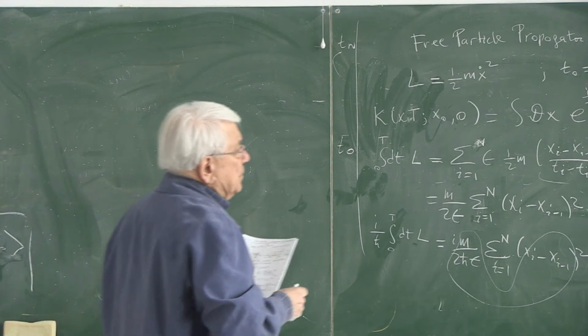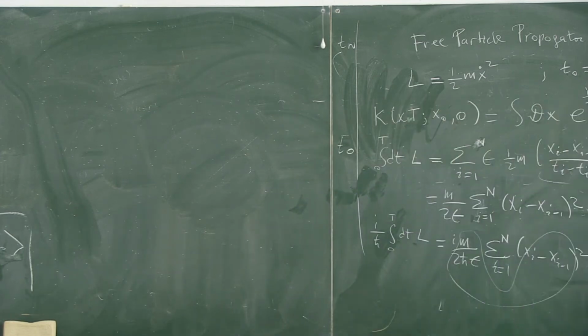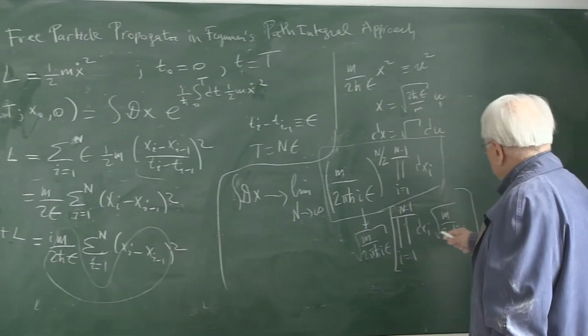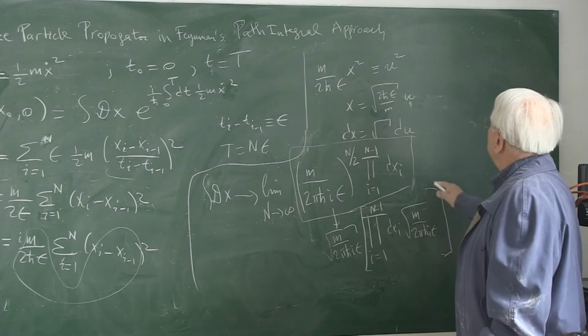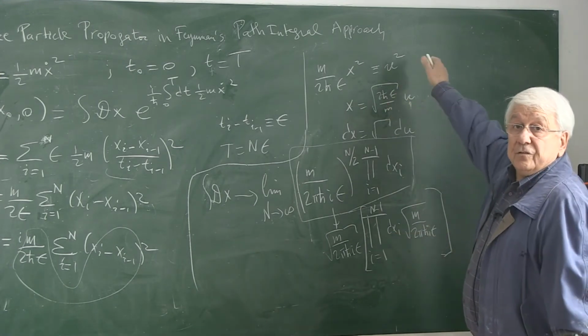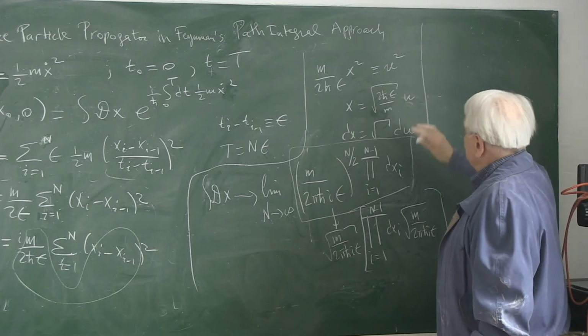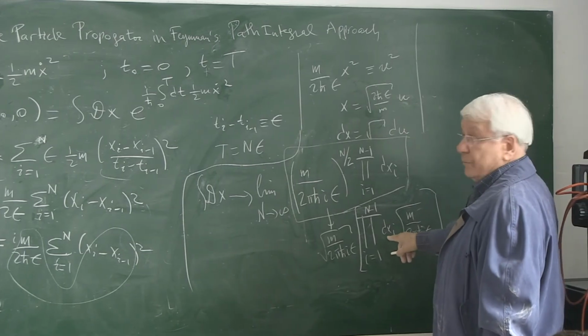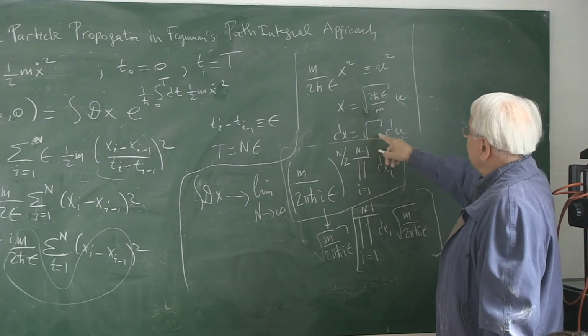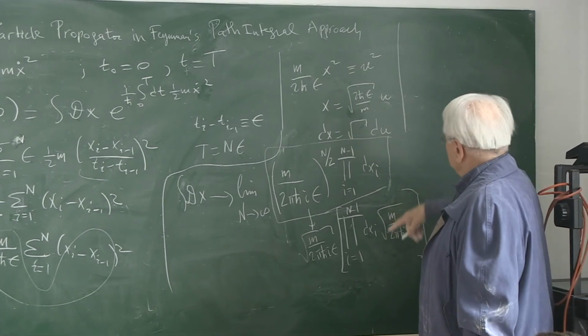Now let's see what this variable change I have done. I have to change the x's to u's, right? If this is visible, I would like to do it next to this so that I don't mix up the notation. So what is the dx_i? Dx_i is this factor times the du.